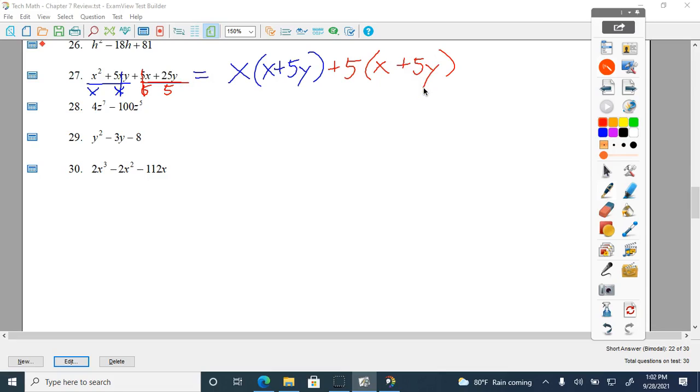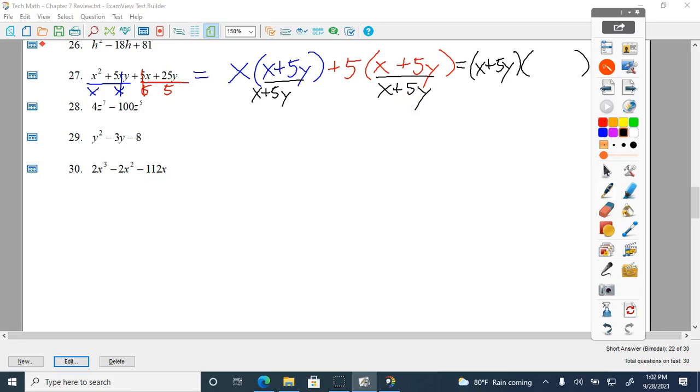For my final answer, what do they have in common? X plus 5y. I can move it where? To the front. So x plus 5y times, whenever you move it, you divide by whatever you move out front, right?